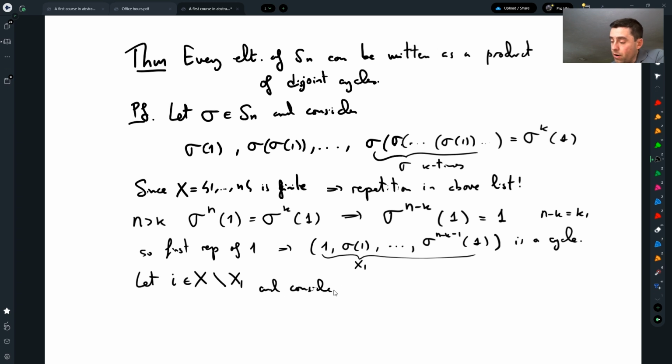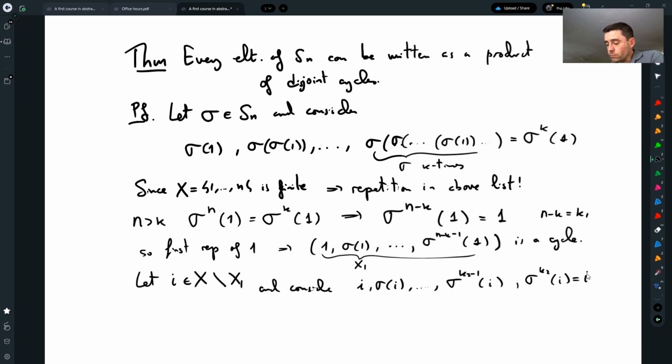So now consider i, sigma i, and keep going up to some sigma to the k2 minus 1 of i, such that after that I will hit i again. So sigma to the k2 of i is i again. There will be a repetition at some point.